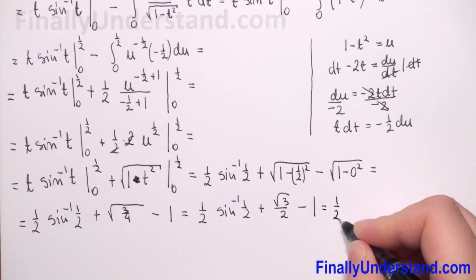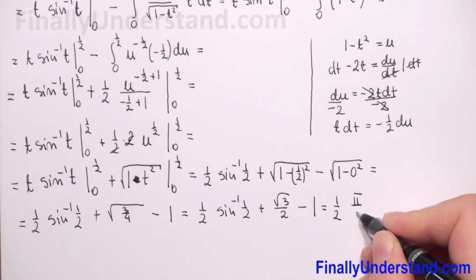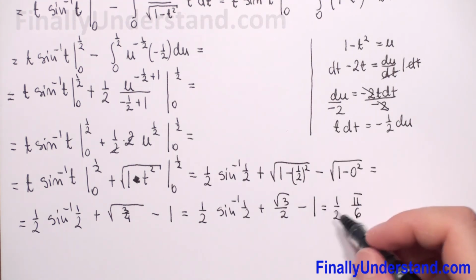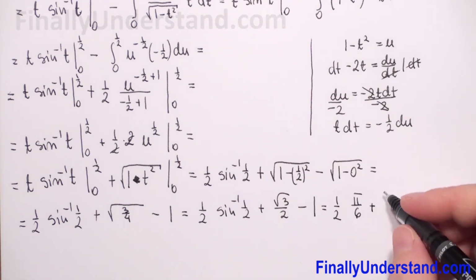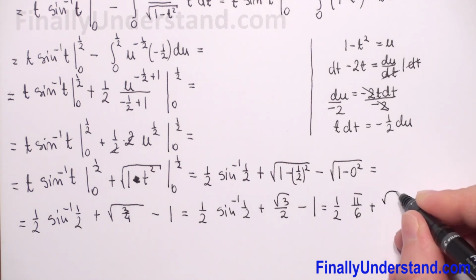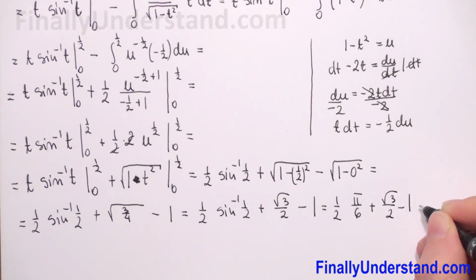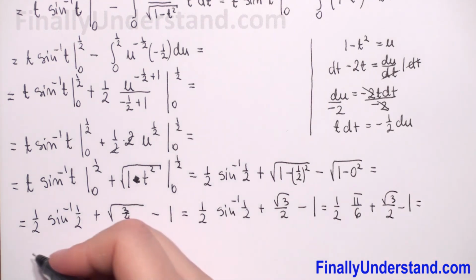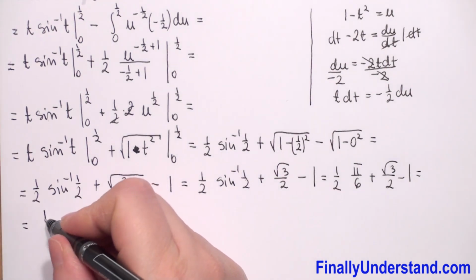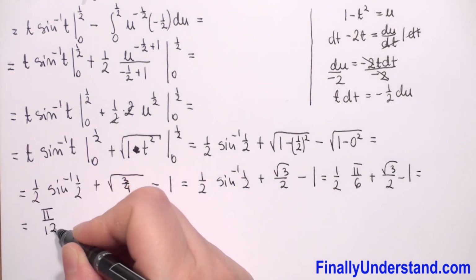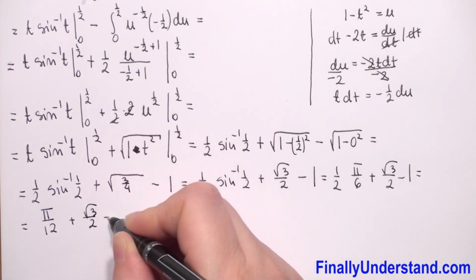Inverse sine of 1/2 is pi over 6, so we have 1/2 times pi over 6 plus square root of 3 over 2 minus 1. So this is equal to pi over 12 plus square root of 3 over 2 minus 1.